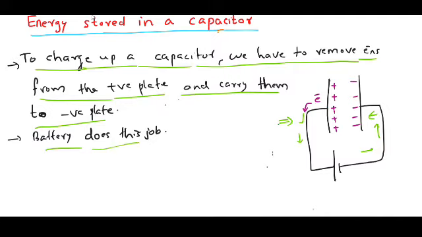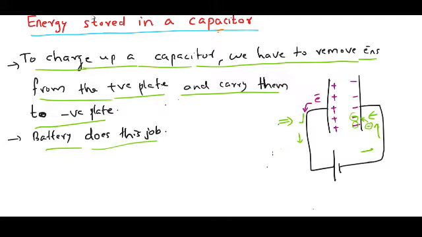Actually, the battery does this job. During this charging process, the charges already reached on this negative plate exert a repulsive force on the newly carried charges to be deposited on these plates.